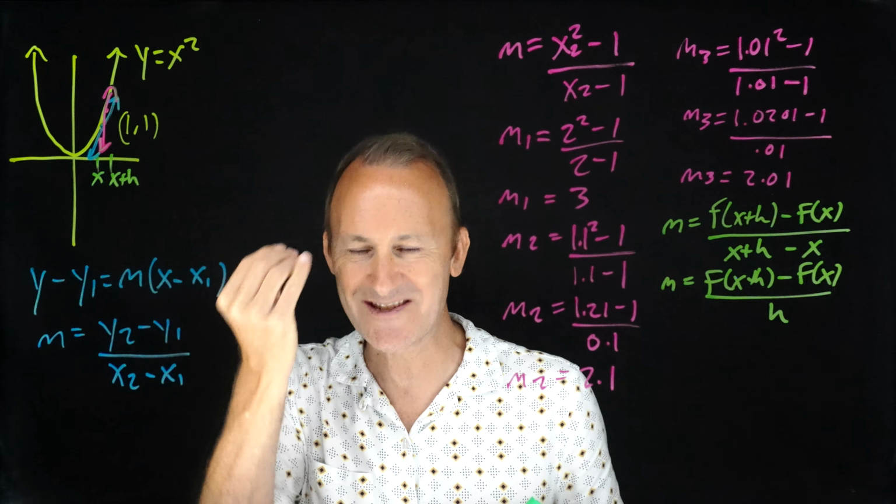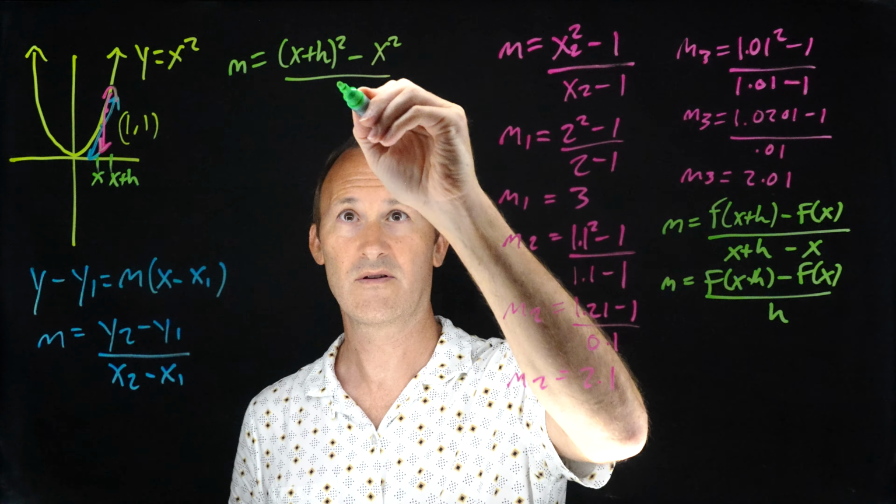However, what we can do is go ahead and use this definition of slope with this particular function and see what happens. So we're going to apply this definition of slope here. And f of x plus h is simply x plus h squared. So now we're looking at this parabola minus f of x, that's x squared, all over h.